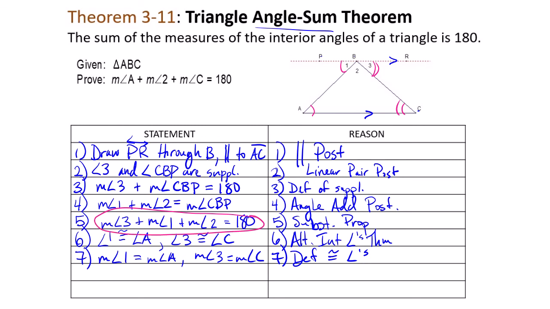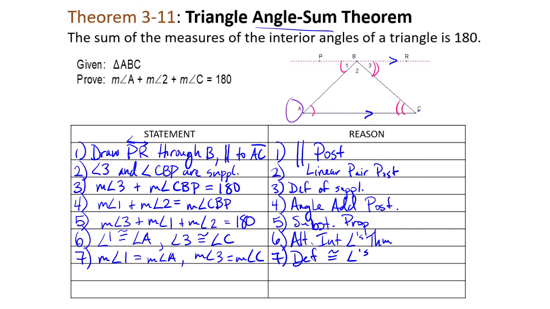Okay. All right, so now we can use some substitution because we have this equation here that says that these add up to 180, right? That 1 plus 2 plus 3 equals 180, but now instead of 1, we can put angle A, and instead of angle 3, we can put angle C, right? So what I can say, and the reason I'm doing that is because I want the angles of the triangle, right, to add up to 180.